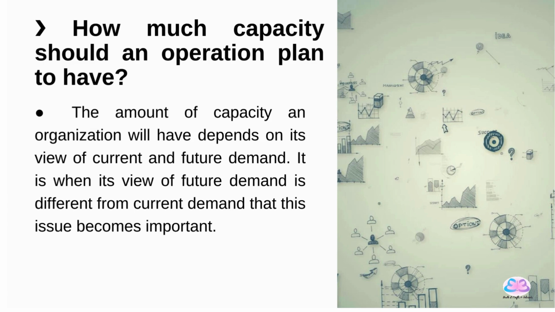How much capacity should an operation plan to have? The amount of capacity an organization will have depends on its view of current and future demand. It is when its view of future demand is different from current demand that this issue becomes important.